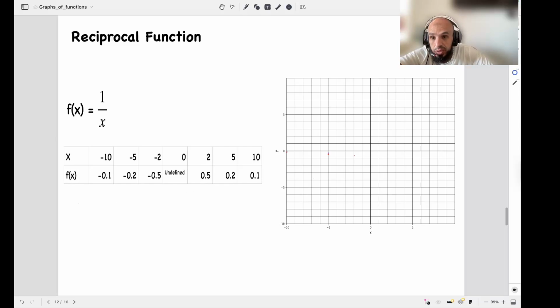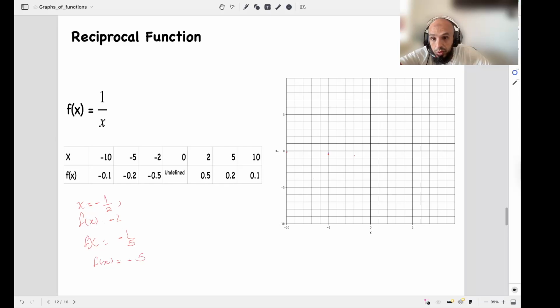And let's add some values here. For example, when x is equal to negative half, f of x is going to be equal to negative 2. And when x was equal to negative 1 over 5, f of x is equal to negative 5.